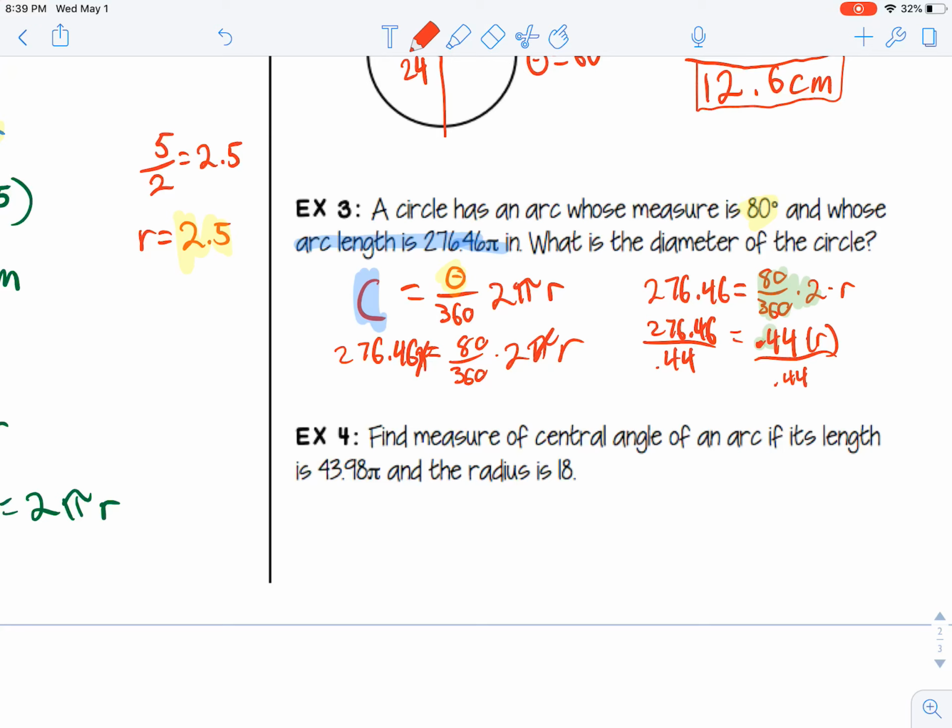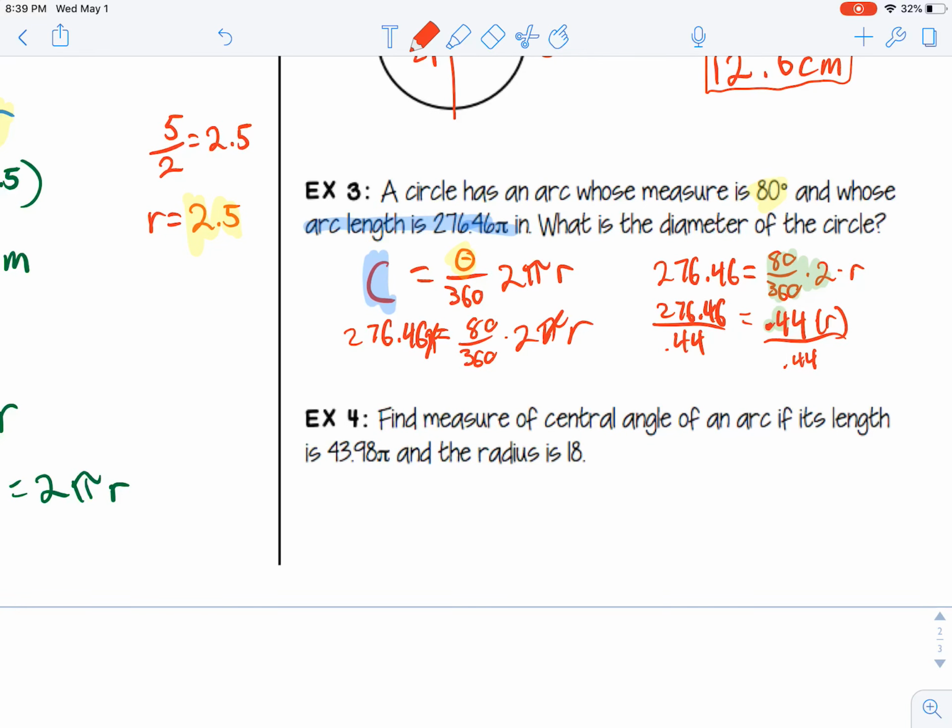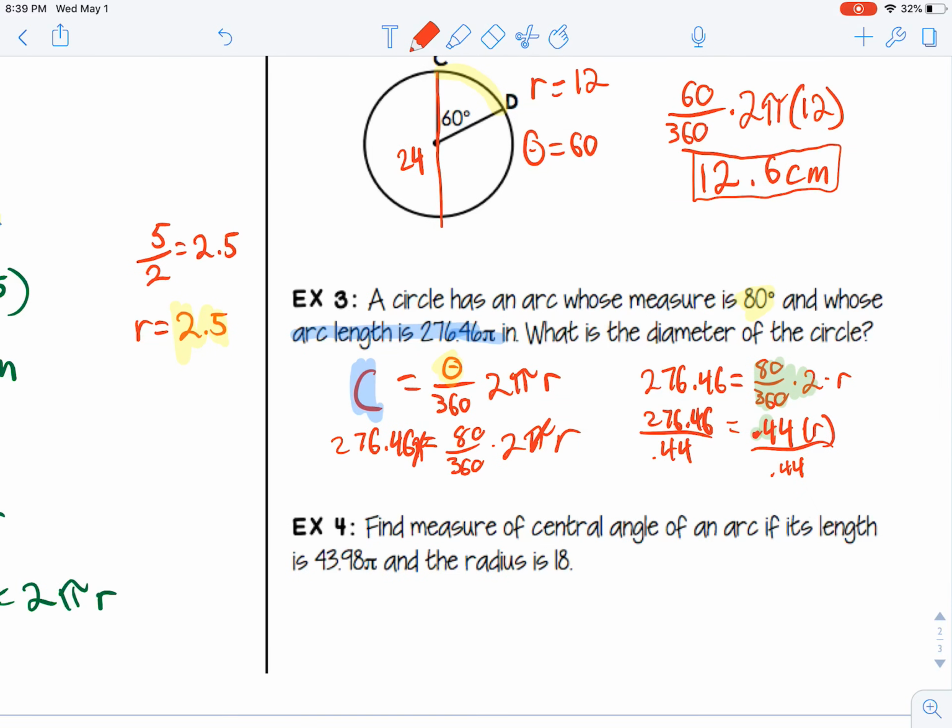So 276.46 divided by 0.44, and we get 628.3 equals our radius.